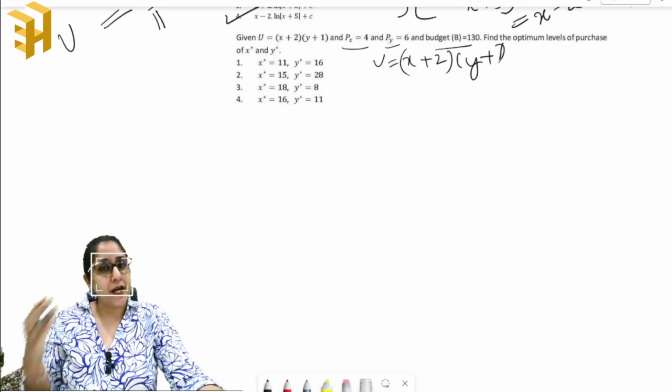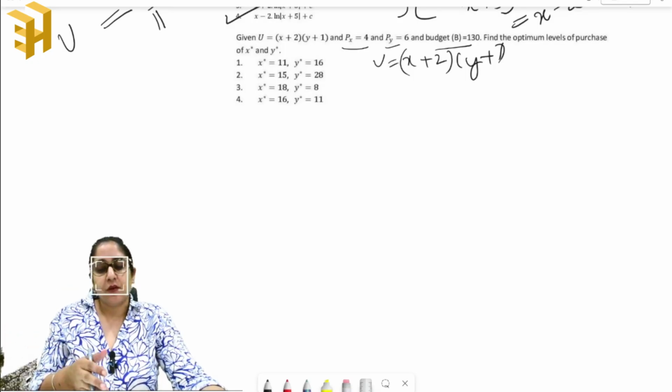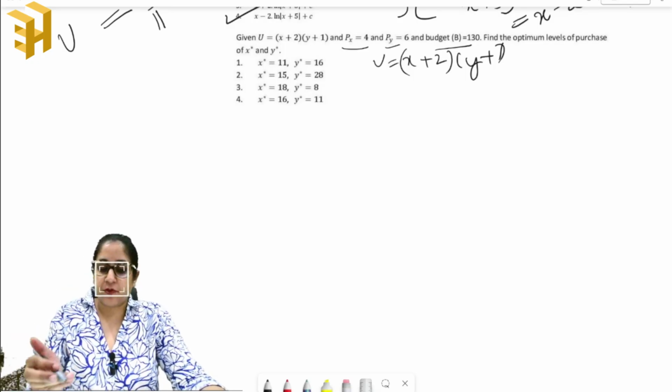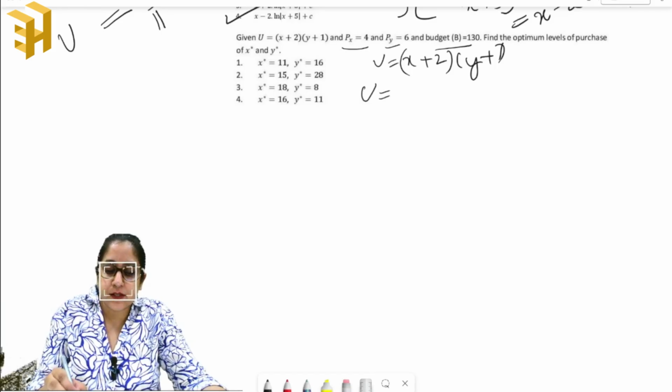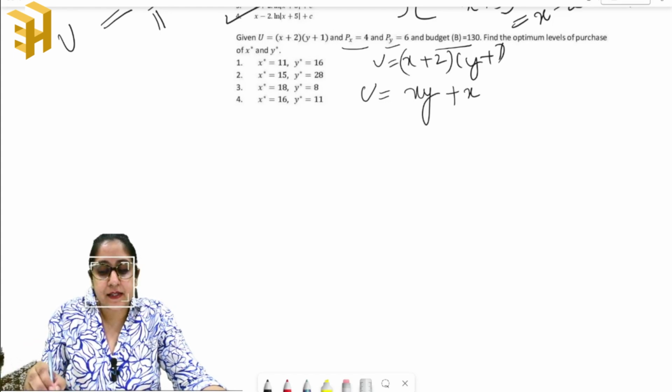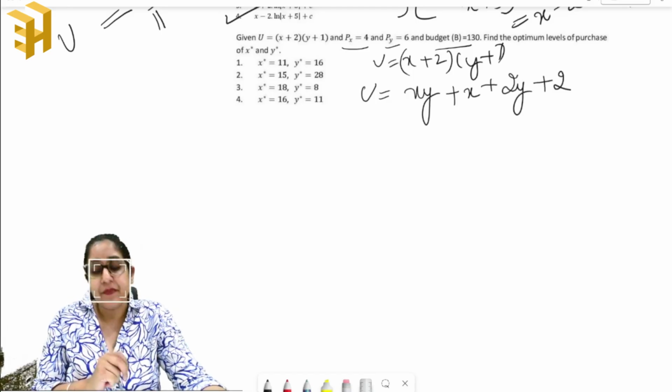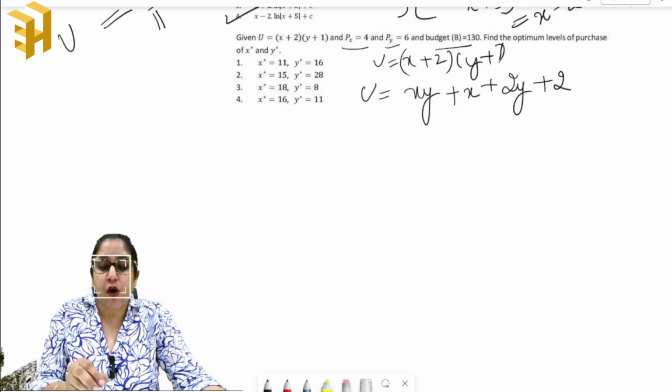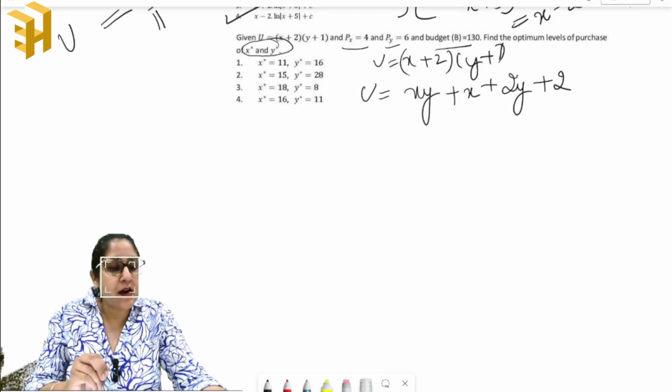Now what we'll do here is that we'll just solve this first. Okay, so u is given as, after opening the brackets, xy plus x plus 2y plus 2. Okay, and what we have to find is the optimum levels of x star and y star.